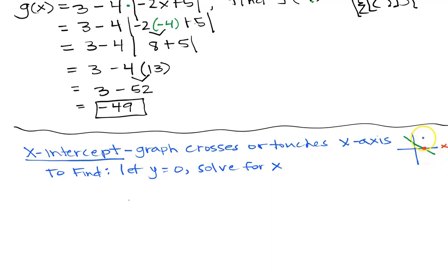When we're talking about ordered pairs, we said our x value goes first, and then our y value goes second. So do you see how we're going over a certain amount? Maybe that's 2 or something like that, right? But we're not going up or down any. So our y value is 0. So that's why when we let y equal 0 and solve for x, it's going to tell us that point on the graph that we have there.